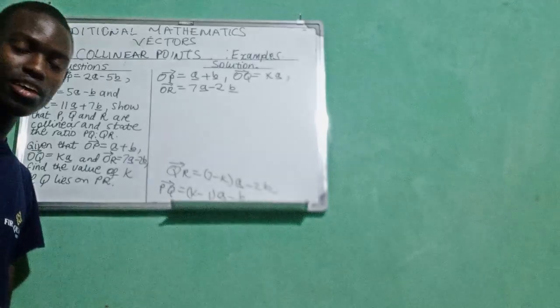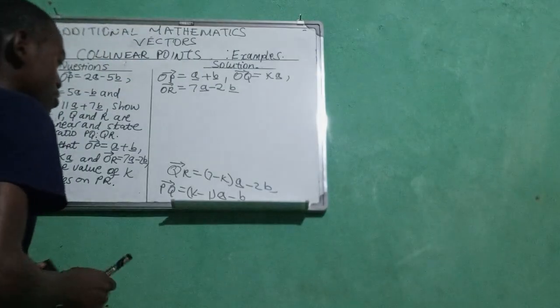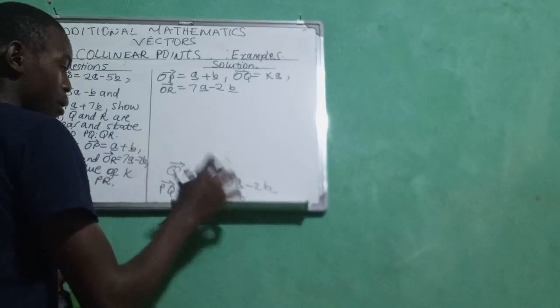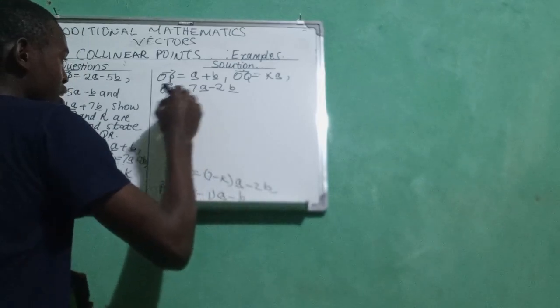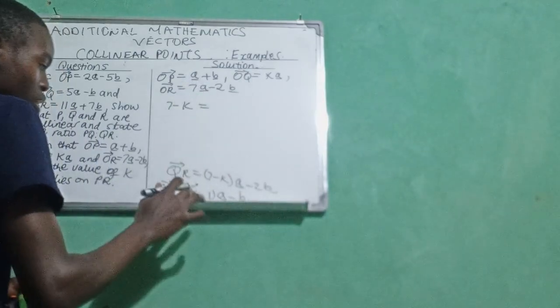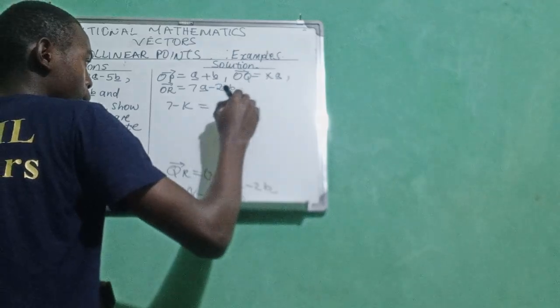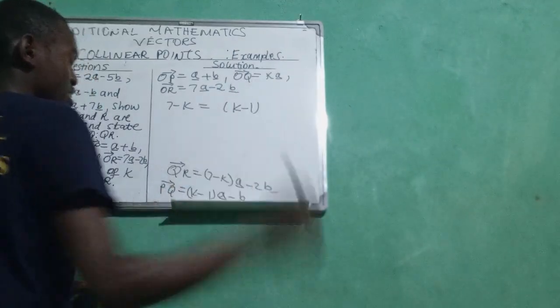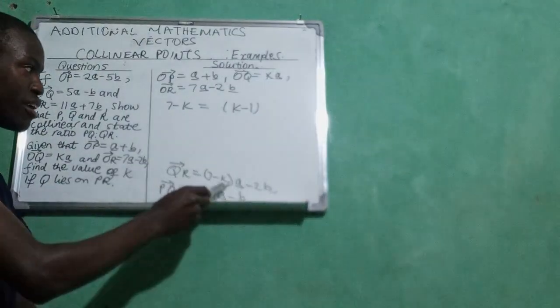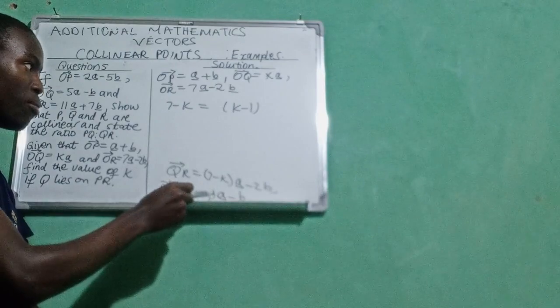Alright, if that didn't make sense, follow me with my answering. So this means I'm saying this part, the QR with vector A, so 7 minus K, I'm just going to get that 7 minus K. Then I'll say is equal to K minus 1, like that. So I've just equated what is in this bracket to what is in that bracket.